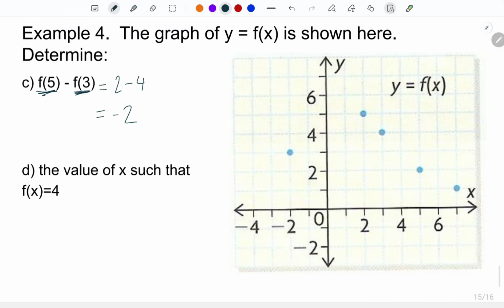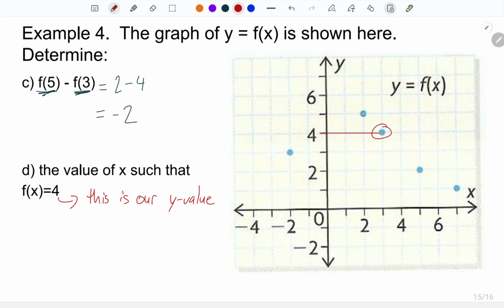Okay, the last part, this is where we need to be careful. The value of x such that f of x is equal to 4. This is actually telling us our y value. So if we have our y value, we want to find a point with coordinate 4 for its y value. So start at 4.